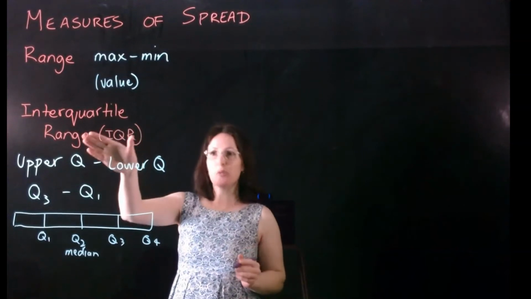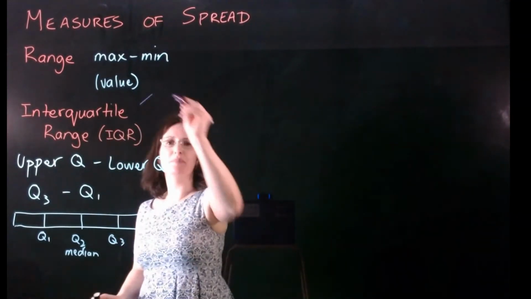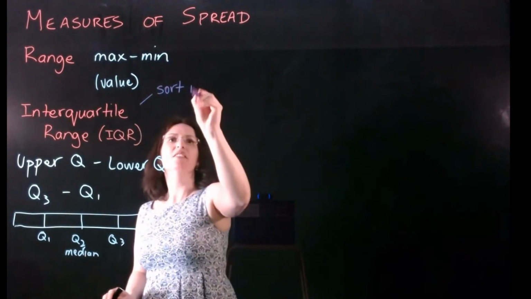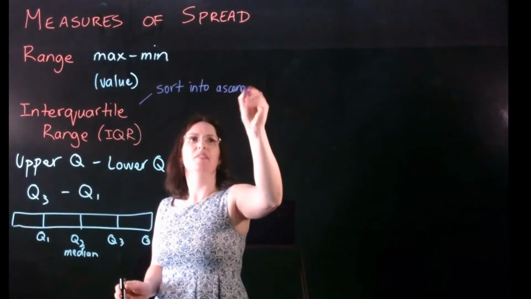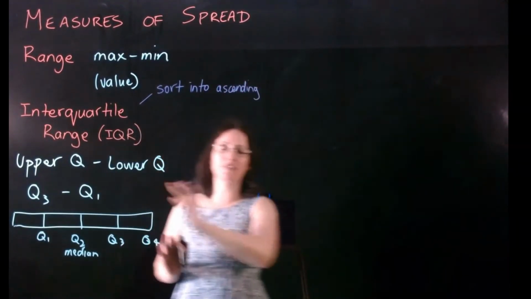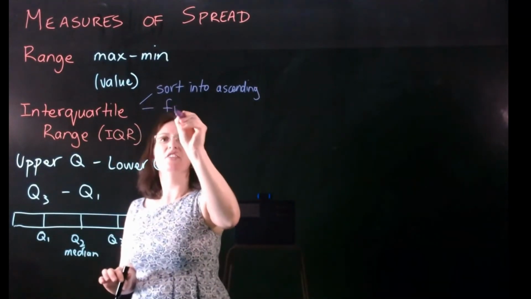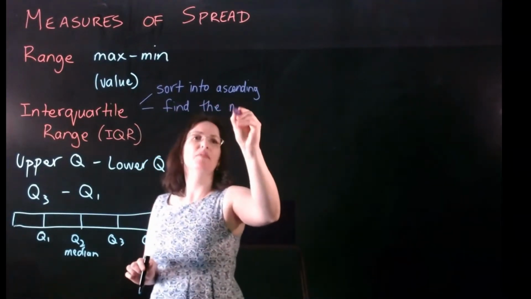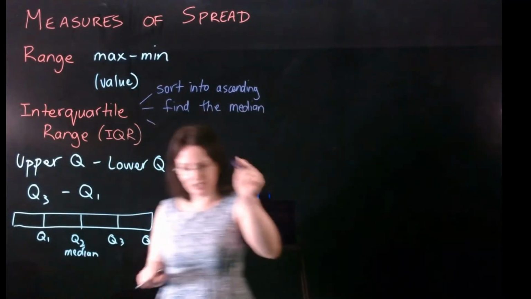Now, when you do the interquartile range, there's technically a set of steps that you need to do. I'd encourage you to write down this set of steps. The first step would be to sort them into ascending order, which means from the lowest up to the highest. Then from that set of numbers, you'd want to find the middle, which is the median, and then split it into 2.